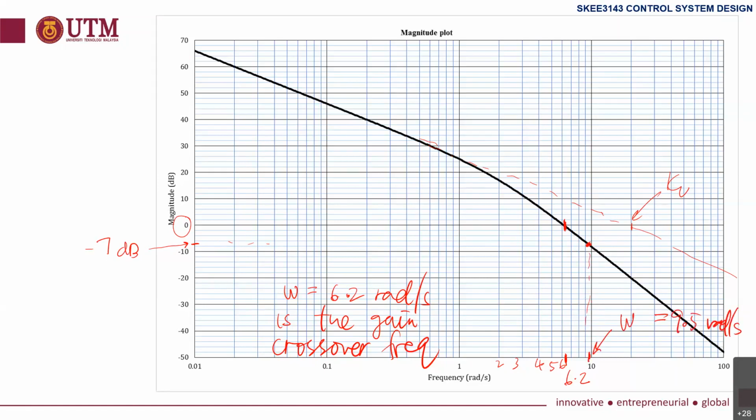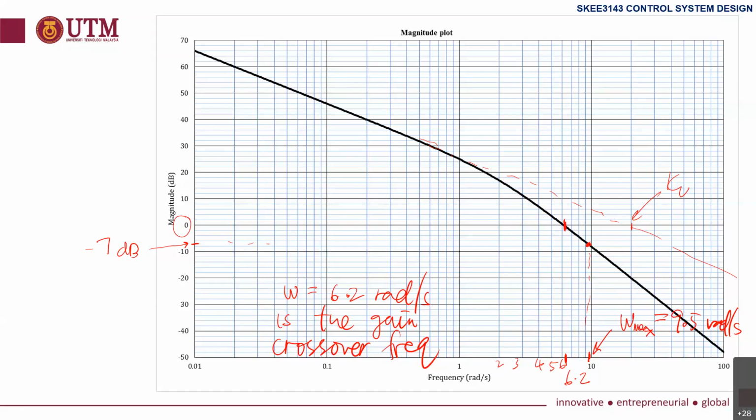You check on your own. Perhaps you get 9, perhaps you get 10, but it should be between 9 and 10. Let's take 9.5. This is called omega max, the omega when the magnitude is minus 7.03.